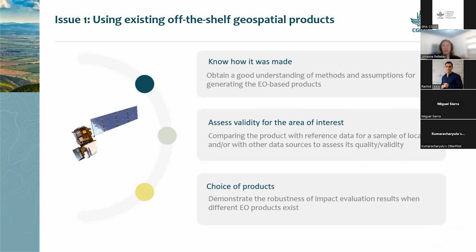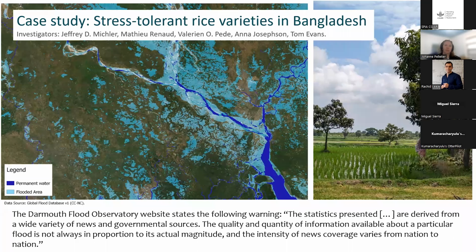In other cases, there are several competing products that may exist, but have very divergent values. Another example comes from one of the case studies on stress-tolerant rice varieties in Bangladesh. The case study aimed to assess if stress-tolerant rice varieties introduced more than a decade ago in Bangladesh have succeeded in reducing yield loss due to flooding in rice fields.